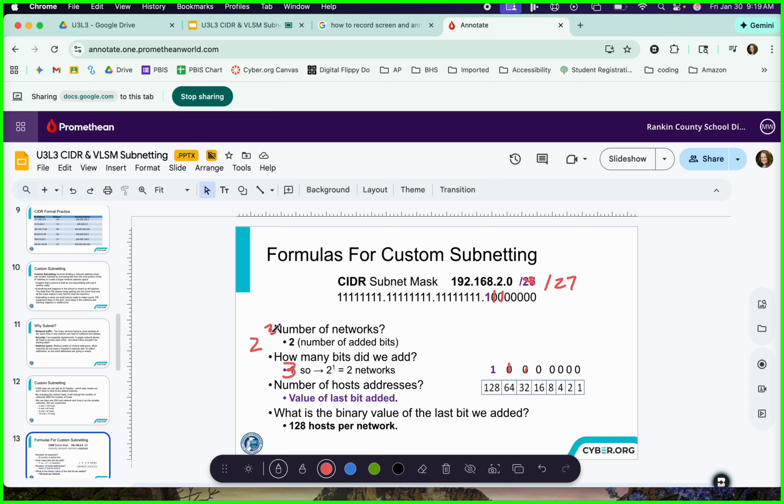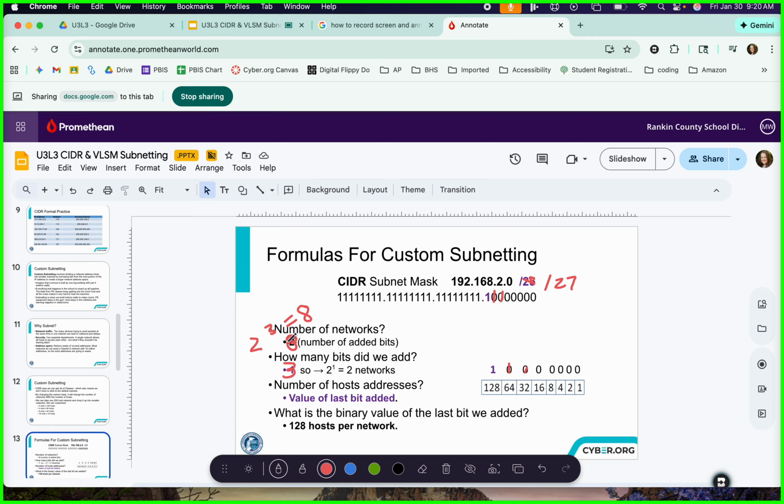Two raised to the 3rd power. And you will have access to a calculator while you are doing this, so don't worry too much about that. But 2 to the 3rd power is 8. So how many networks do we have?